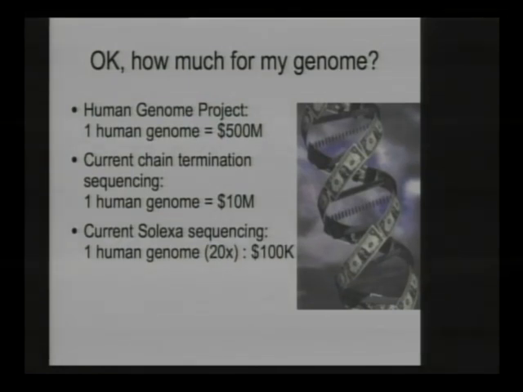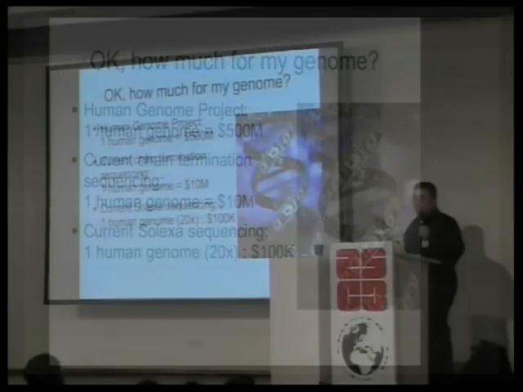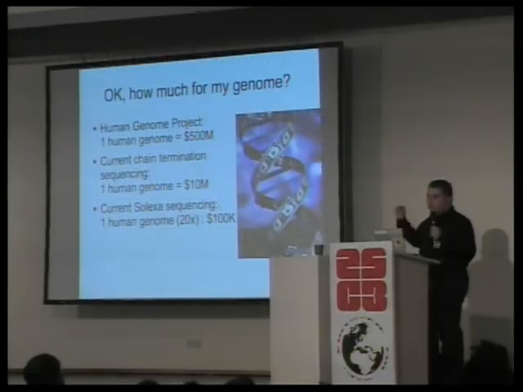With the current state of Solexa sequencing, you get one genome for $100,000, but you get it with so-called 20x coverage, which means on average, each position has been sequenced 20 times. Why do I need this? If you want the complete genome, everything for sure, you have to go to like 20x coverage because it's not equally distributed.